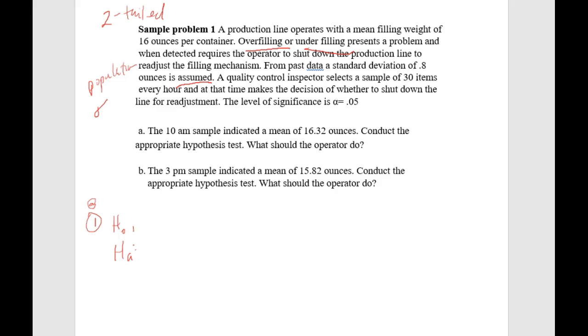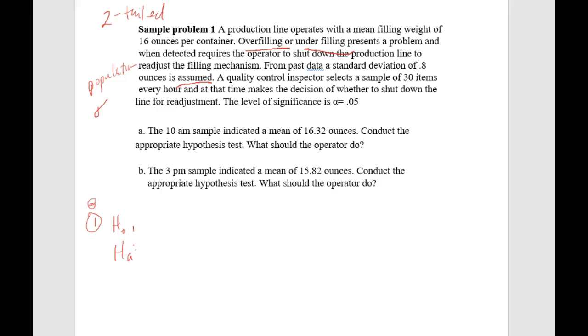So what we're doing here is we want to know, is this thing underfilling or overfilling? In general, is the population underfilling or overfilling? Well, underfilling or overfilling would mean that it's vastly different than what we assume it should be, and what we assume it should be is 16 ounces. So underfilling or overfilling implies that this is going to be a two-sided test, and a two-sided test is an equals or not equals test.